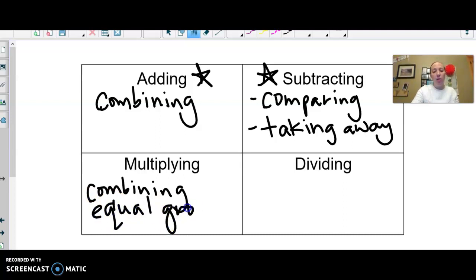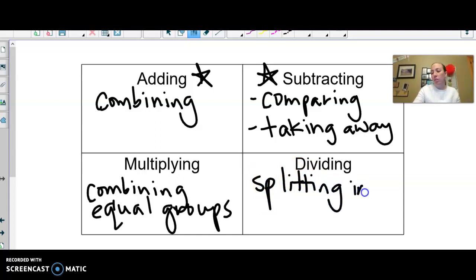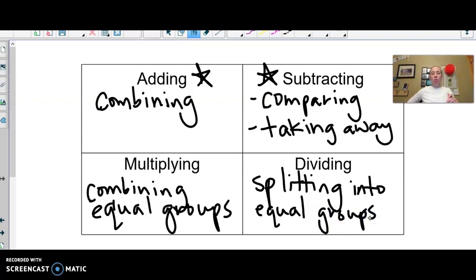We've talked about how if I have something like 2 plus 2 plus 2 plus 2 plus 2, I can just add all those together, or I can just do 2 times 5 since they're all equal. Dividing, we're splitting things up into equal groups. Sometimes I know how many groups there are. Sometimes I know how big each group is. But we are splitting into equal groups. Sorry for the messy handwriting on my screen. It gets a little tricky.